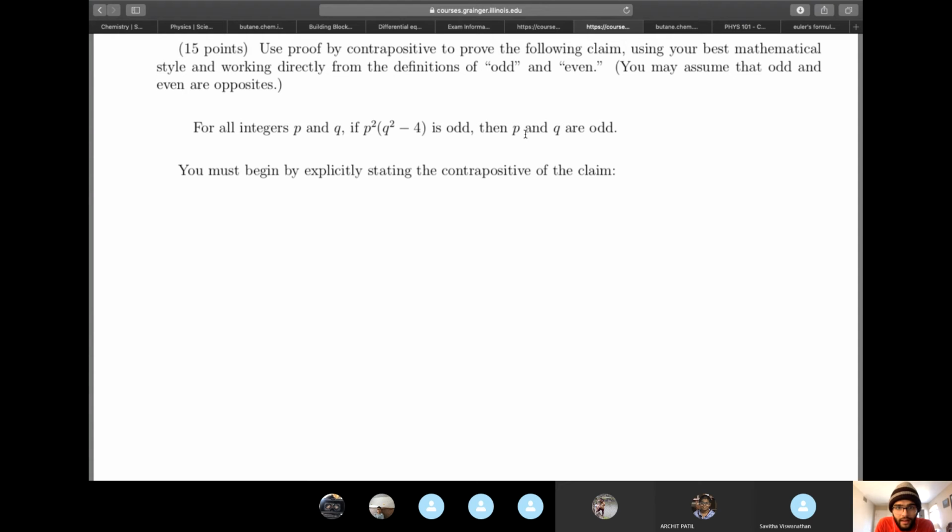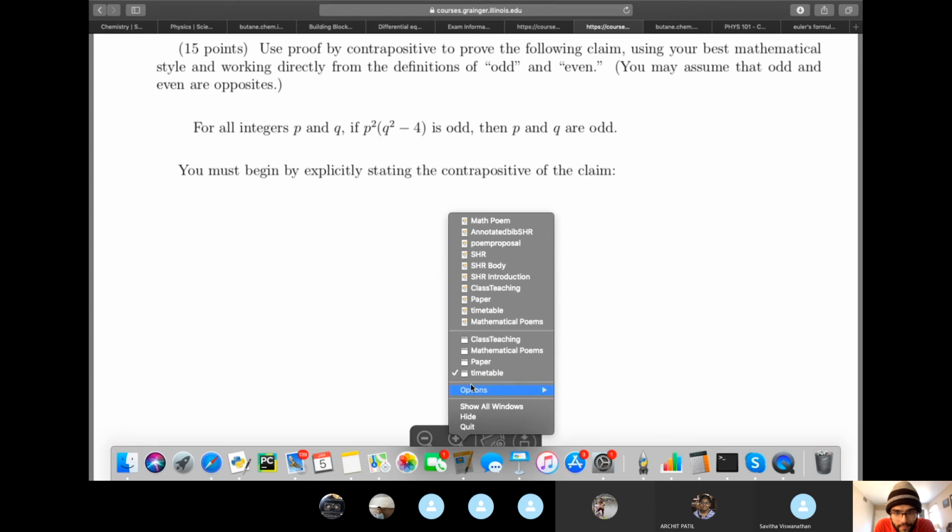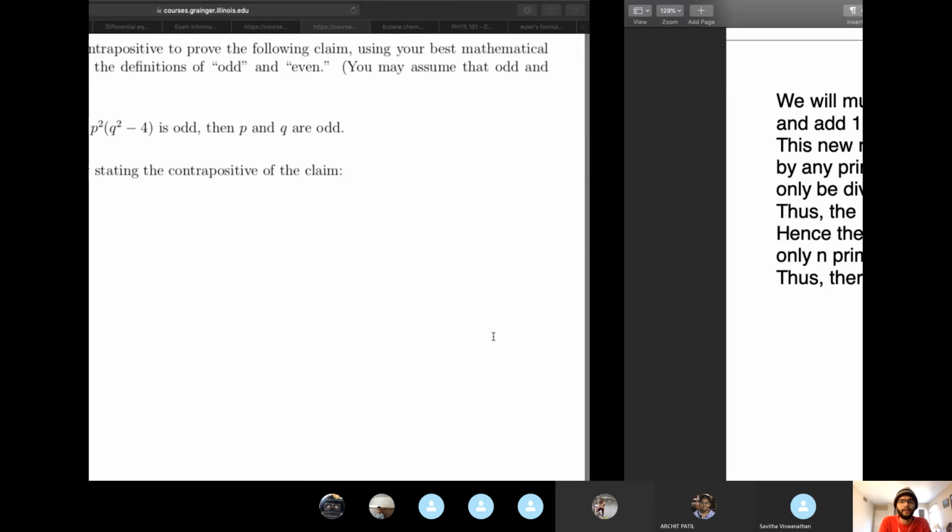So if I have to write B implies A, I will start by saying that if P or Q is even, in fact, let me actually write that here.